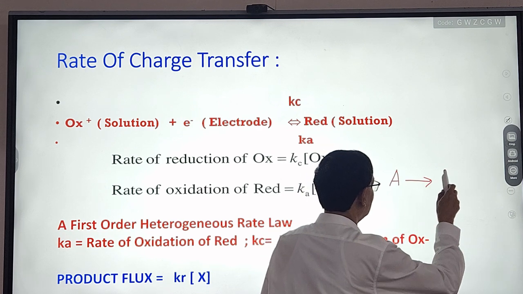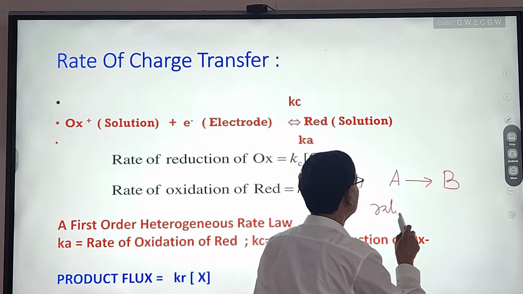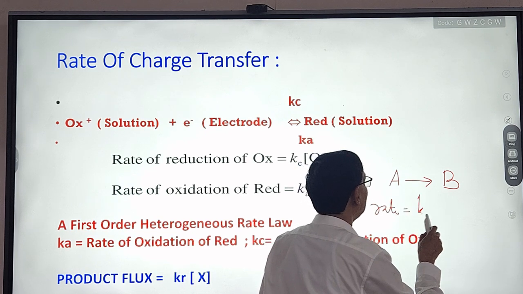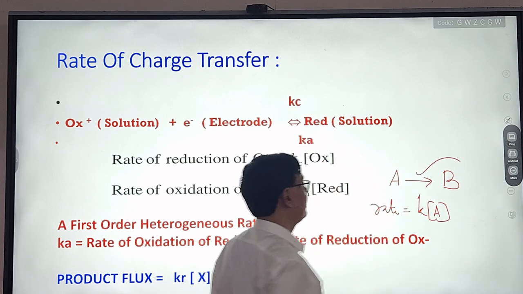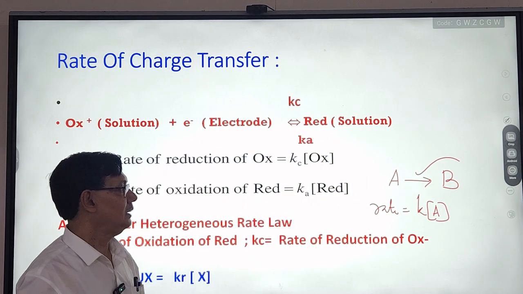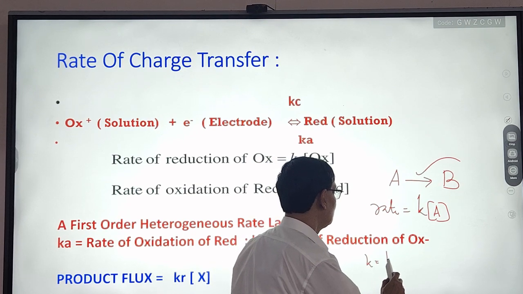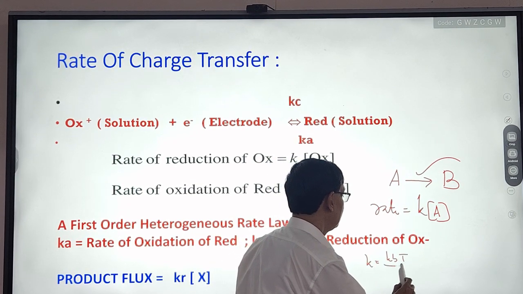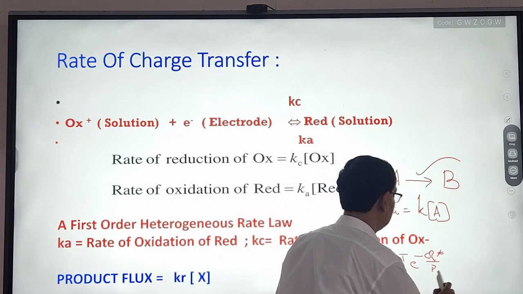A is converted into B. So rate is equal to some k[A]. ऐसे ही हो रहा है ना. And you all know that k is equal to (kB T/h) exponential minus delta G by RT.